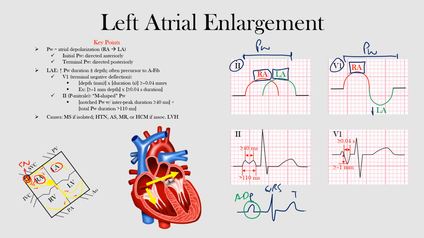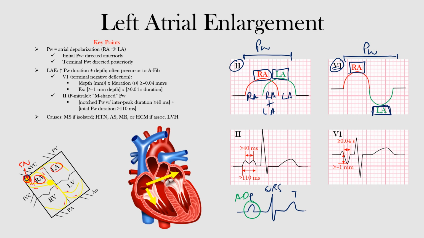You see the same thing, this biphasic P wave in V1, the terminal portion representing left atrial depolarization. So you can think of the first portion as right atrial depolarization, the middle portion as the end of right atrial depolarization plus the beginning of left atrial depolarization, and this latter third representing left atrial depolarization. So hopefully that makes sense.